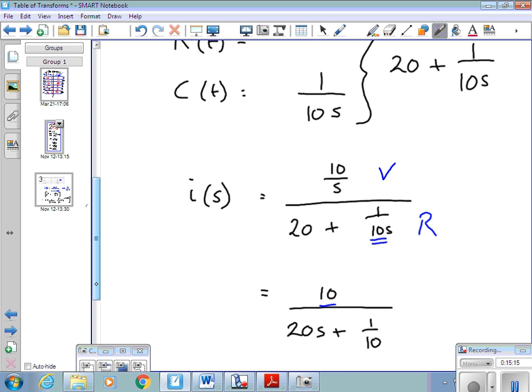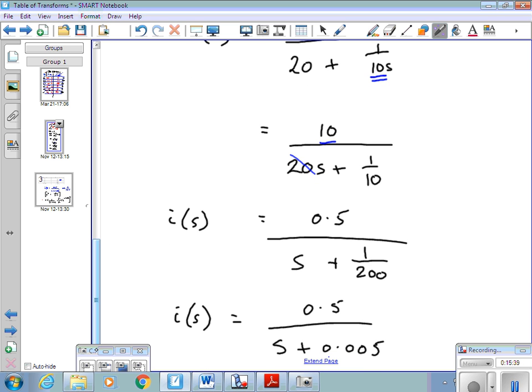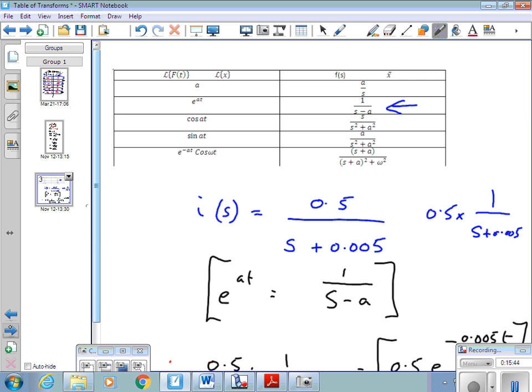And then this is the algebra, this is the tricky bit. I manipulate it. I times top and bottom of this by S to get rid of that fraction that's in Vs there. And that automatically gets just S on its own here. And then I divide by 20 to get rid of this 20 there. And then I end up with this. And then I look in my table of transforms for one that looks like that.